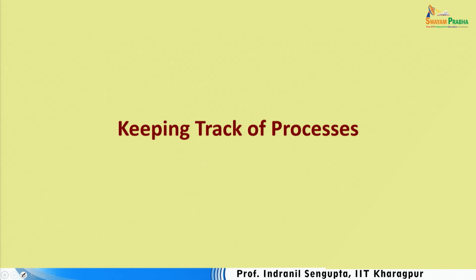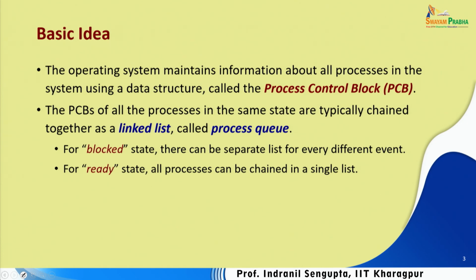Let us see. The first thing is that I said that in general there can be more than one process running on the system. The first question that arises is how does the operating system maintain information about the processes. Now, there is a data structure which is maintained by the OS that is called the process control block or PCB.